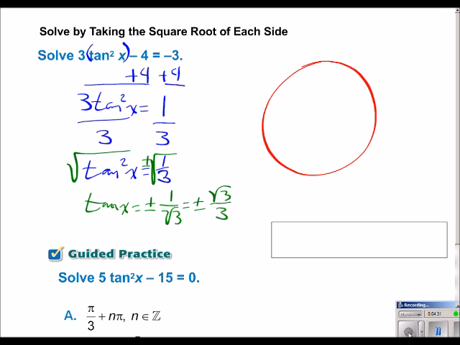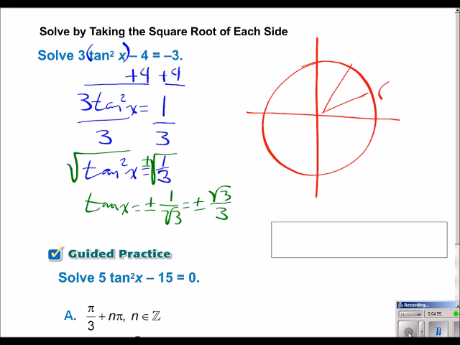So we've got to figure out where the tangent of x is the square root of 3 over 3. So we'll start off just looking in the first quadrant and then go from there. We know that this is going to include all 4 quadrants, because tangent's going to have this value of plus or minus the square root of 3 over 3 in each of the quadrants. So we want to think about our sine and cosine values. We know each ordered pair is a cosine and a sine.